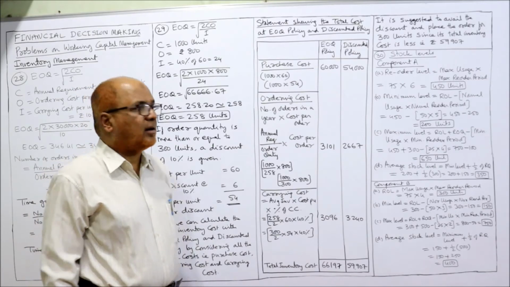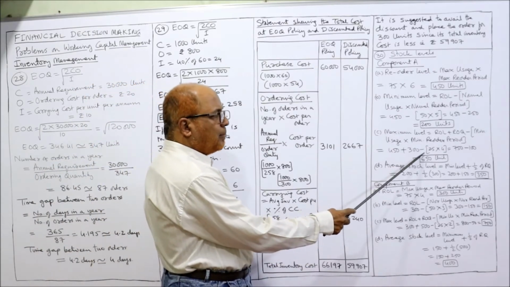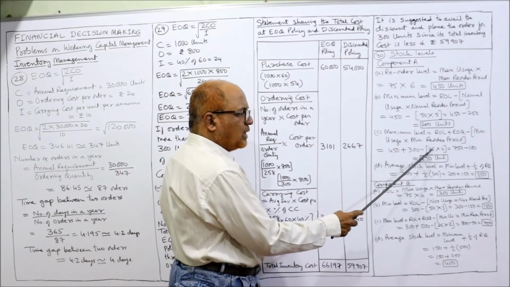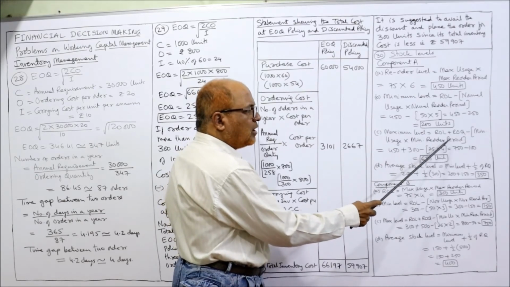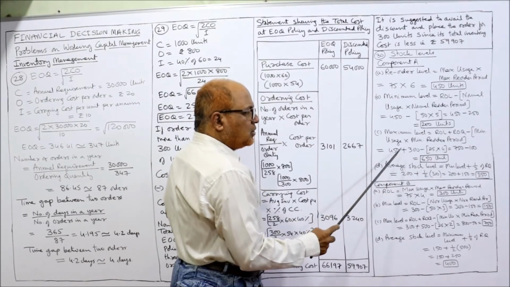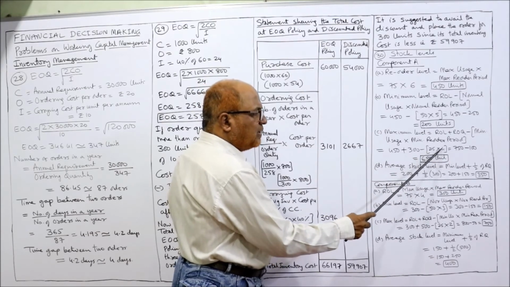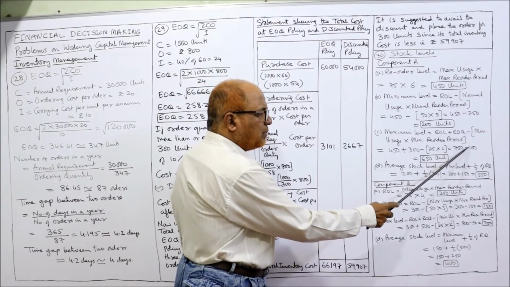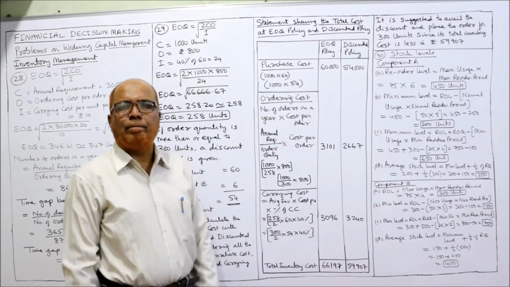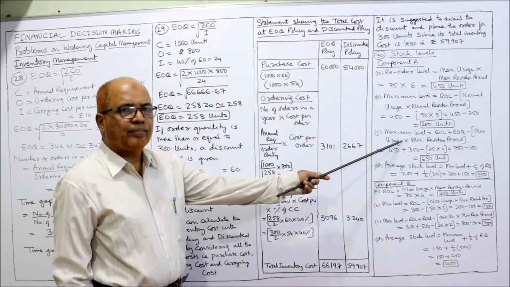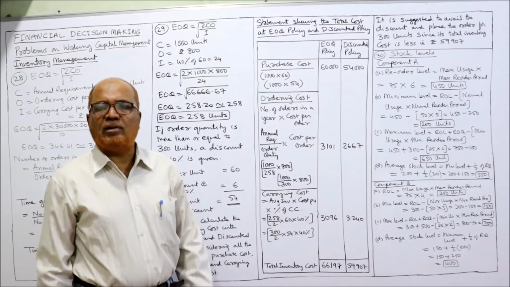For A component, reorder quantity is 300 units, minus minimum usage is 25 units into minimum reorder period is 4 weeks. So 450 plus 300, 750, minus 25 into 4 is 100. So 750 minus 100 is 650 units. Maximum level.